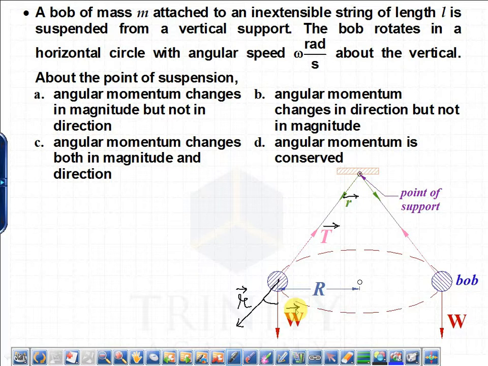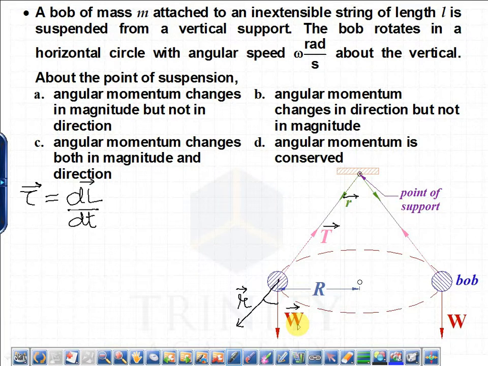Now, according to our concept of torque and angular momentum, torque is equal to the rate of change of angular momentum. Since torque is not zero, it is contributed by the weight vector, we can definitely say that angular momentum is going to change.